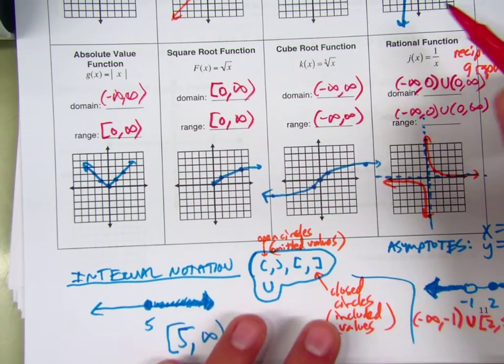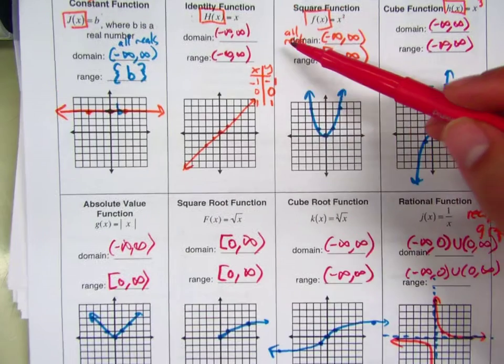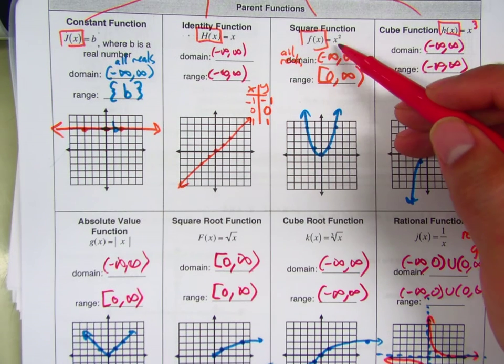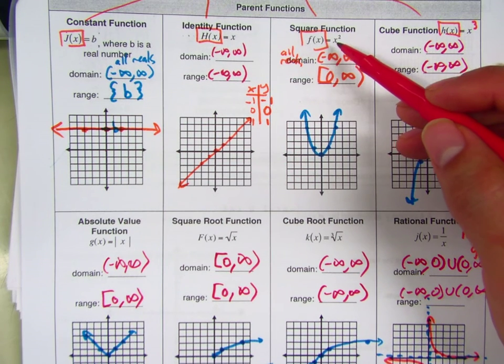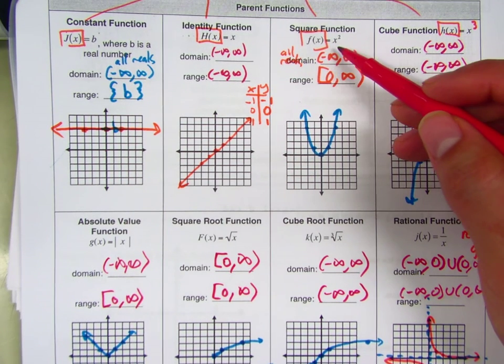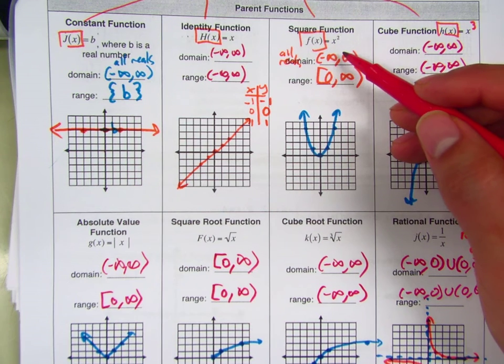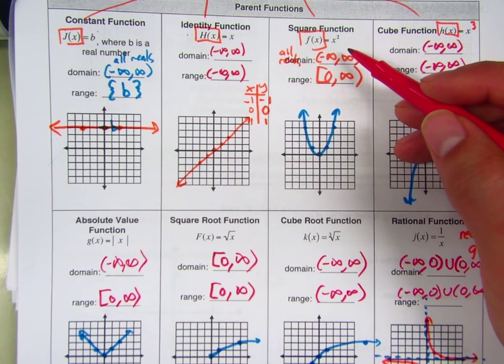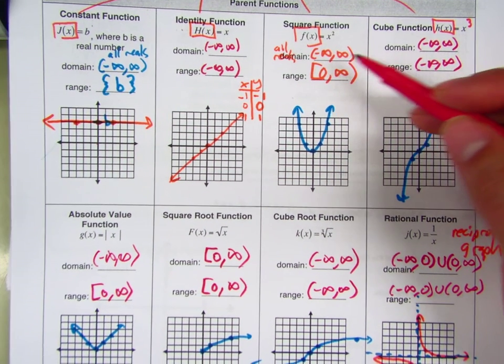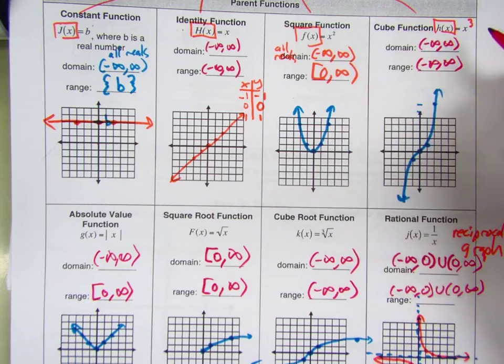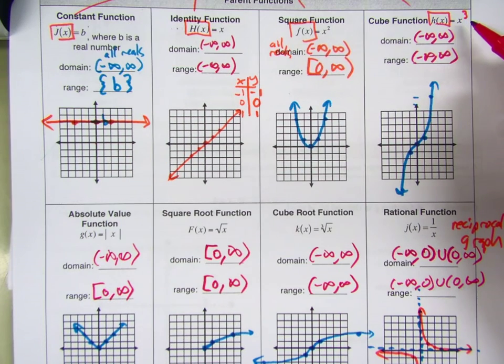So for example, if we go back to the square graph, the parabola, there is no rule against squaring a number. You can square 0, you can square positives, you can square negatives. That's why the domain is all real numbers. Same with cubing a number. There's no rule that tells you you're not allowed to cube 0 or something like that.